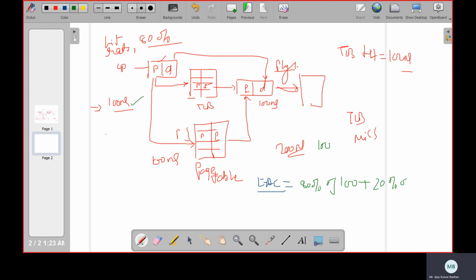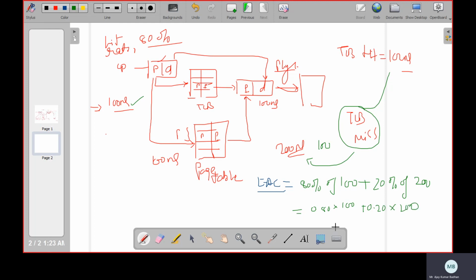So 20% of the time it is a TLB miss, which here takes 200 nanoseconds. So this is 0.80 into 100 plus 0.20 into 200. So it will take almost 120 nanoseconds, because the zeros get cancelled, right?